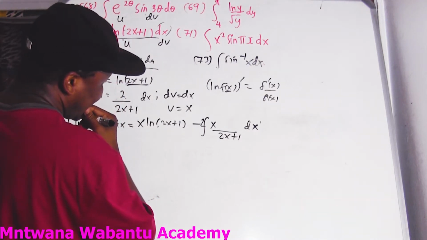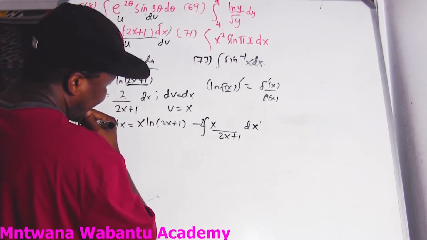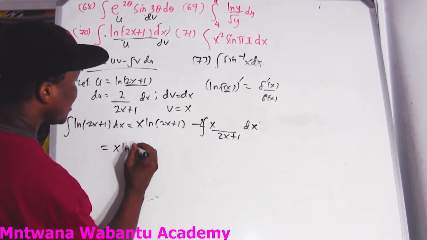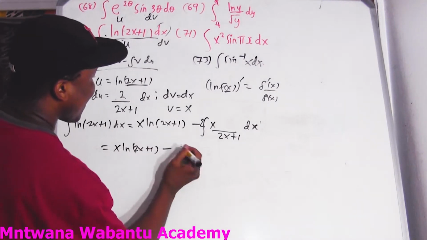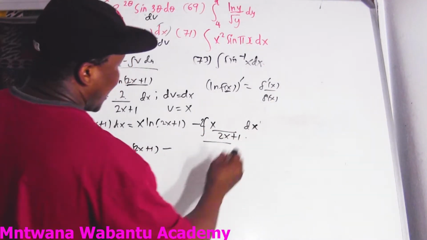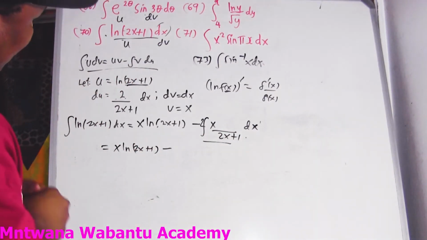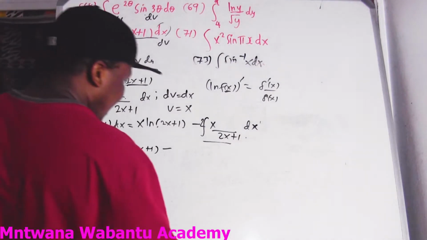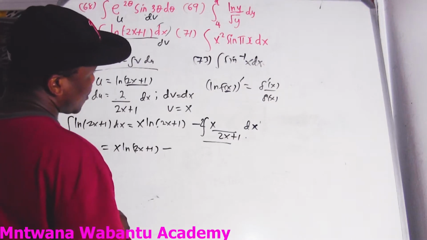Okay, let's not spend so long here, it's just an example. So ln of 2x plus 1 and then minus this. How are we going to solve this? It's crazy.